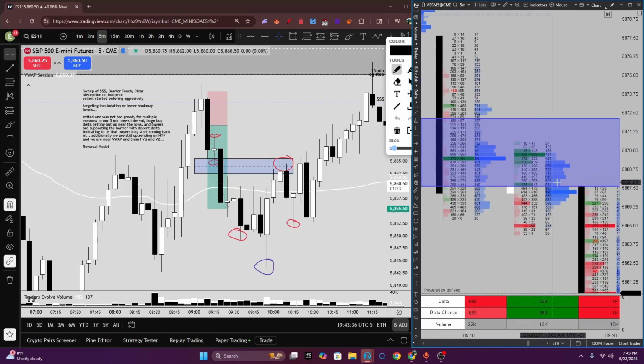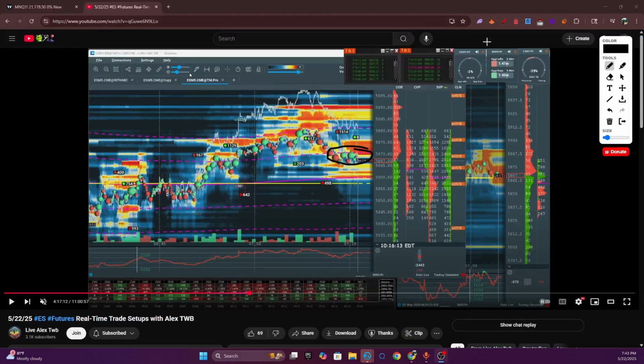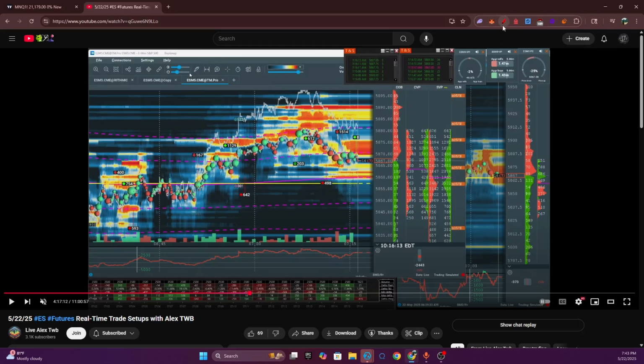In this relative zone, we see large amounts of buying volume enter, but that buying volume is getting defended by this passive selling around this 875 to 870 level here on Bookmap.